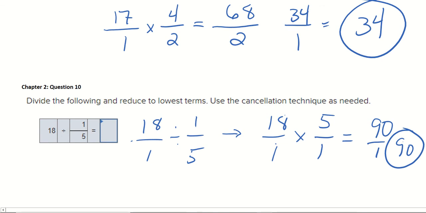And that's it. Pretty standard stuff, pretty simple, hopefully, for you.